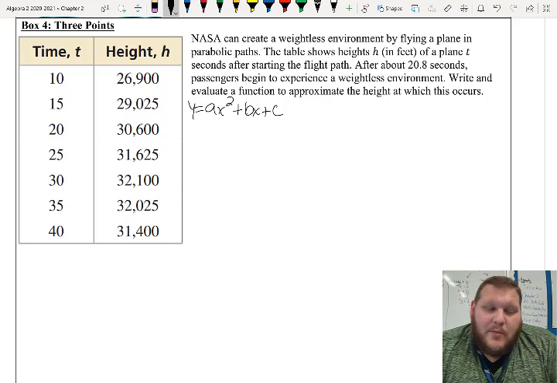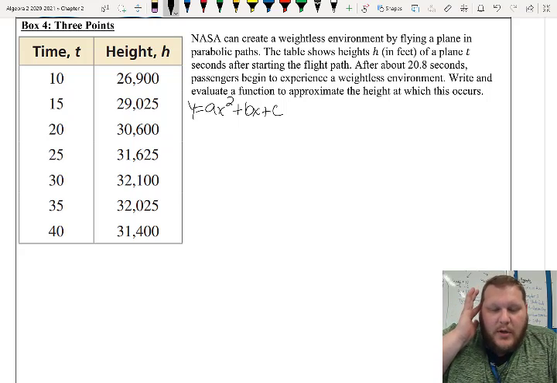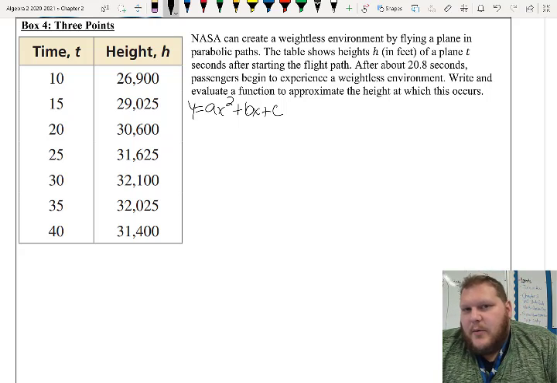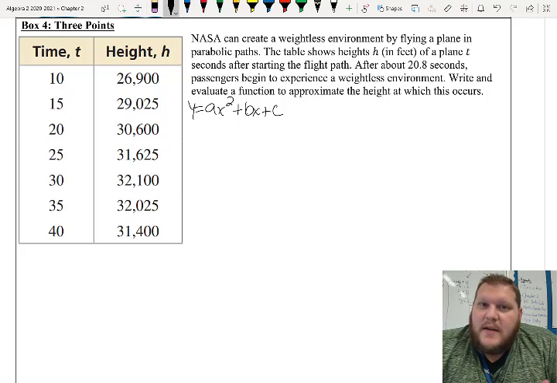So we can see it happens somewhere between those 2 points, or maybe right before 25 seconds, maybe. But we don't know exactly what the vertex is, and really the important thing is that we're not told that any of these are special points. So we have to rely on just what we do know.